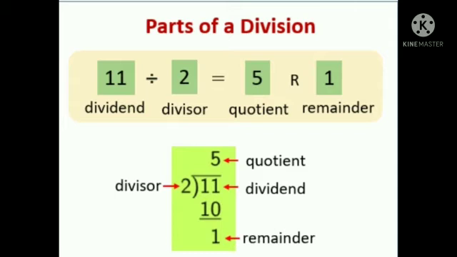Your remainder is 1. How will you get that remainder? By subtracting 10 from 11. So 11 minus 10 you will get, that is 1. So 1 is your remainder. So keep in mind, students, there are the 4 parts of your division: dividend, divisor, quotient, and remainder.